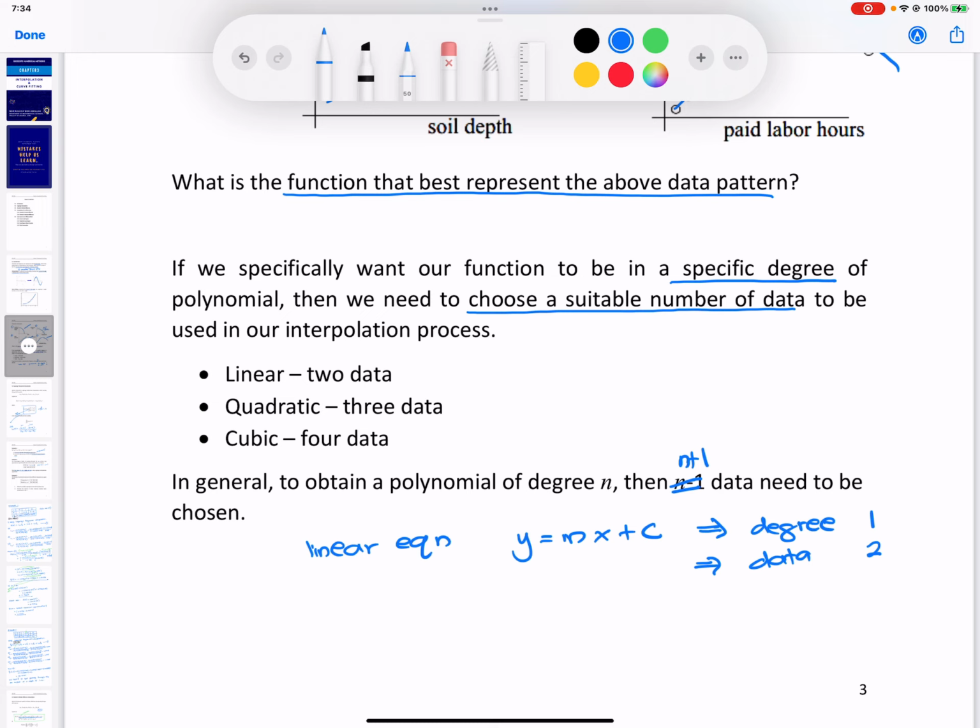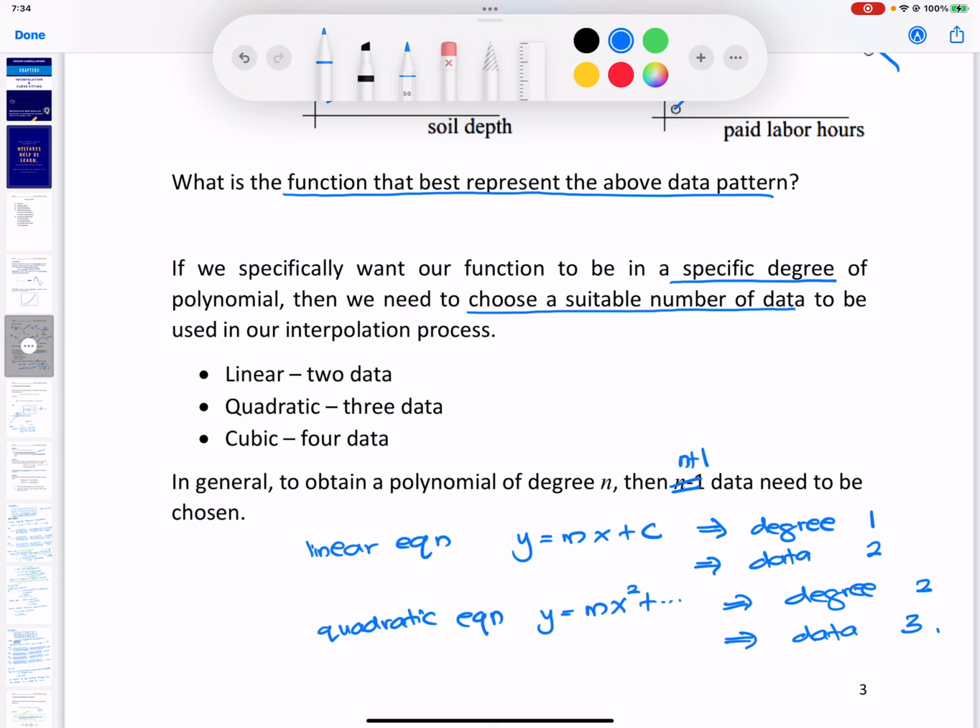Let's say if we want to find a quadratic polynomial, quadratic equation, we know that quadratic we have mx squared plus, and so on. The highest degree for the quadratic is 2, so the data we need equals 3. Okay, so that's the general introduction for chapter 3.